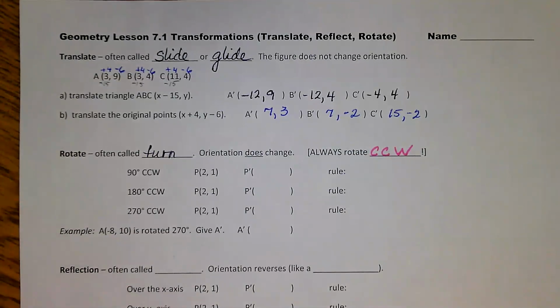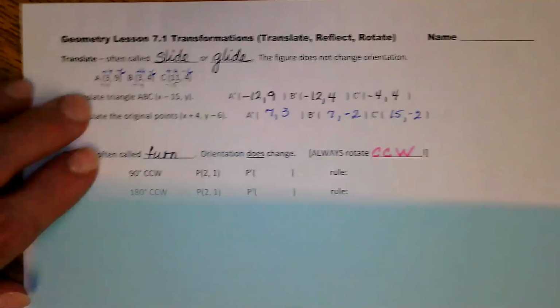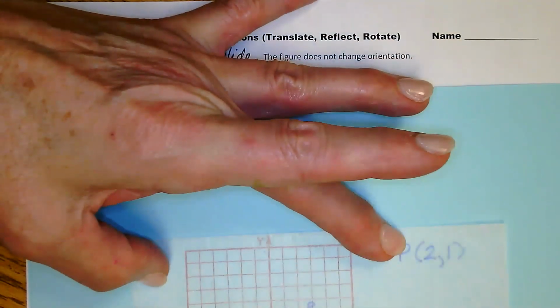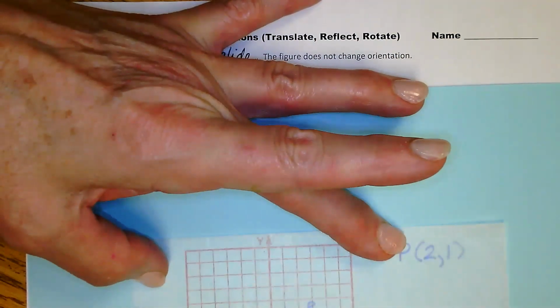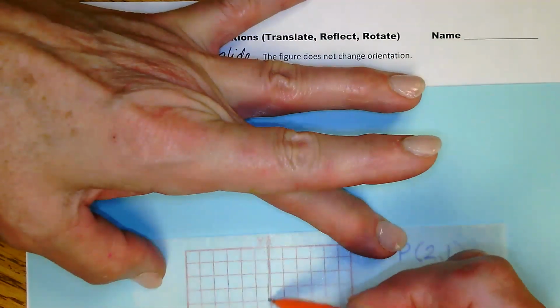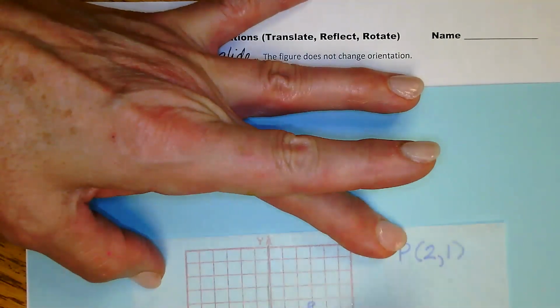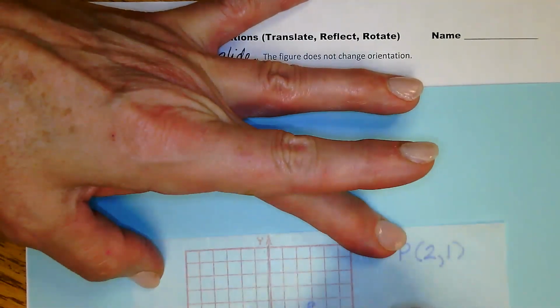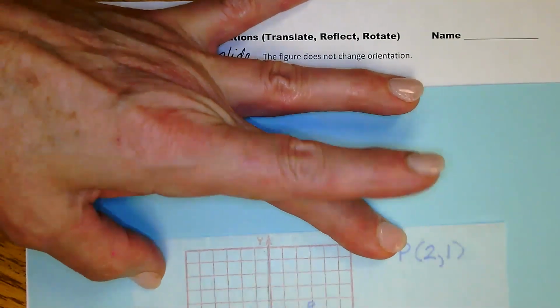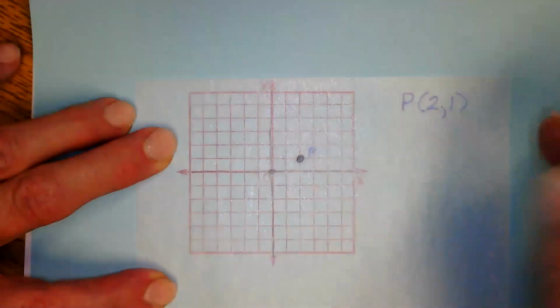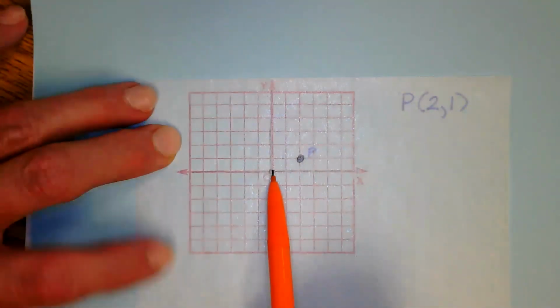All right, let's see what happens to our point P. It's at 2, 1. Well, if you're going to use tracing paper, then you're going to need to kind of sketch the axis. Otherwise, you won't know where to stop turning. All right, so there is P. Now, I want to turn it 90 degrees counterclockwise.